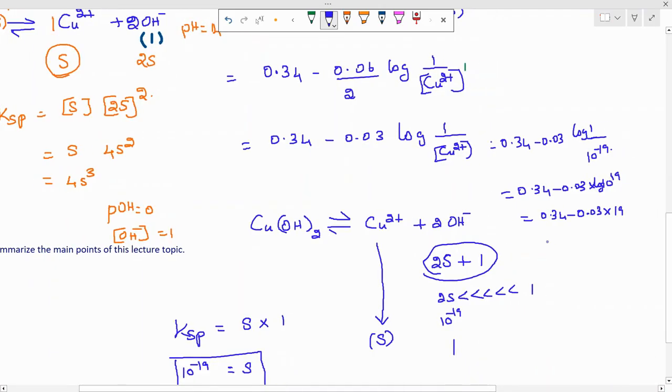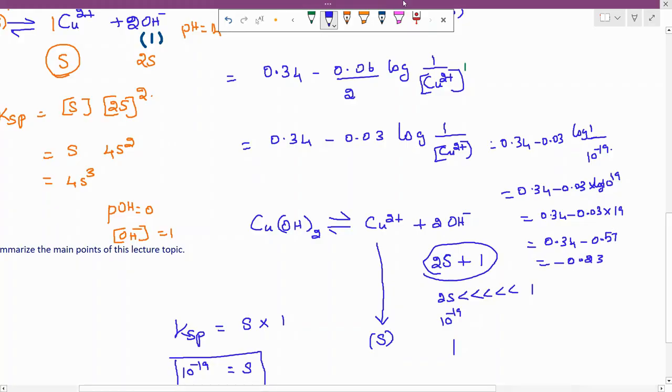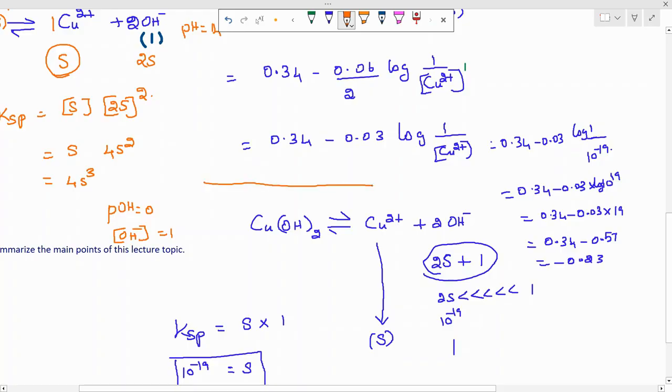So when you do this, you will get the answer 0.34 minus 0.57, so minus 0.23. This will be in your answer.